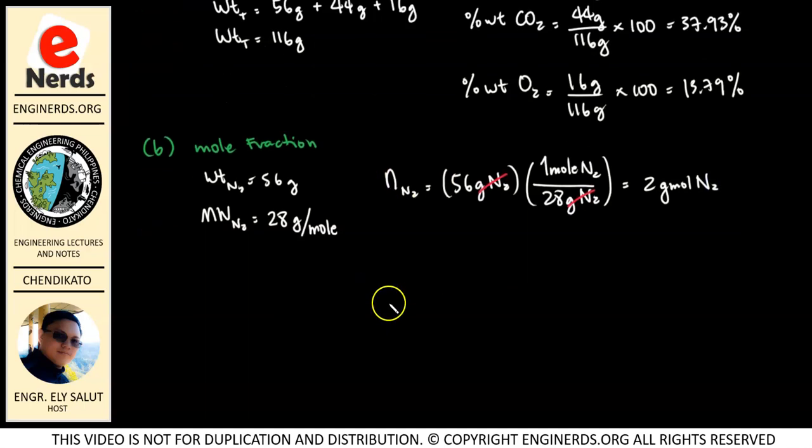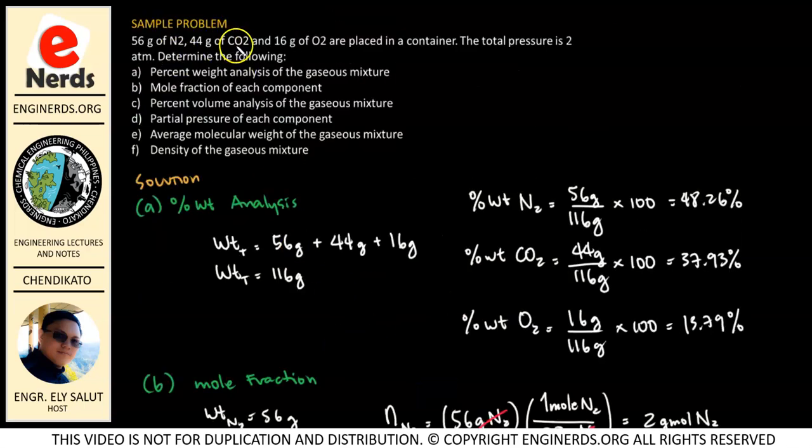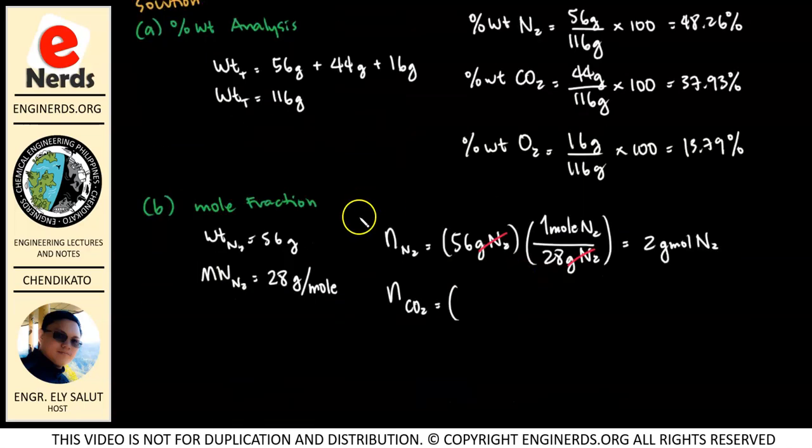Okay, so ngayon naman, kunin natin yung number of moles ng ating CO2. So, I will not write it anymore, no? Kasi naipakita ko na siya dito sa nitrogen. So, sulat na lang natin ano yung weight ng ating CO2, 44 grams. So, we have 44 grams of CO2 times, okay, so anong molecular weight ng CO2? Oxygen is 16 times 2 will be 32 plus 12.